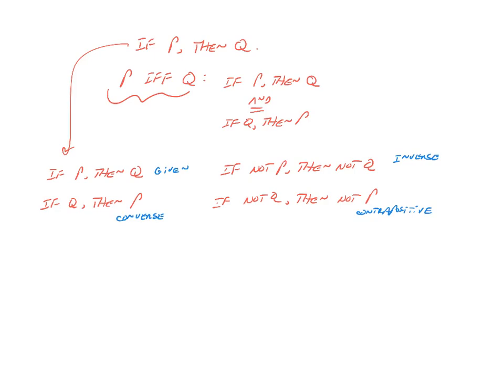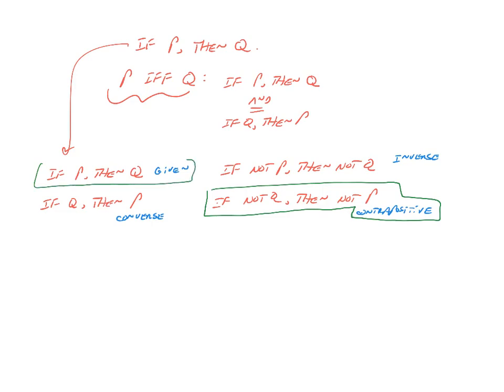Without going into a huge exercise and introducing what's called logical reasoning truth tables, which are really fun, this is the only one that is guaranteed to be true if the original is true. So whenever you have a theorem that's stated in a conditional form, if P then Q, the only one that is logically equivalent, meaning the only one that is true also, is the contrapositive. If not Q, then not P.